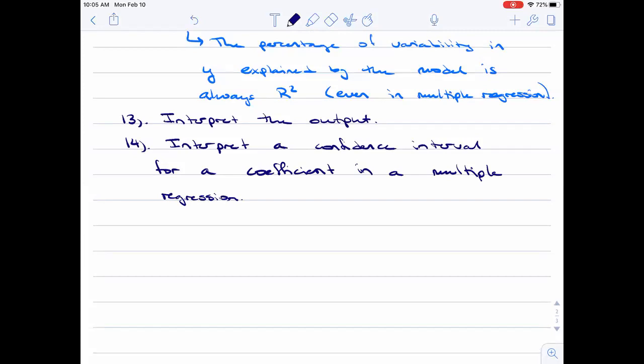So we're 95% confident that this interval captures whatever we're talking about, the true slope for the third coefficient or the third predictor.